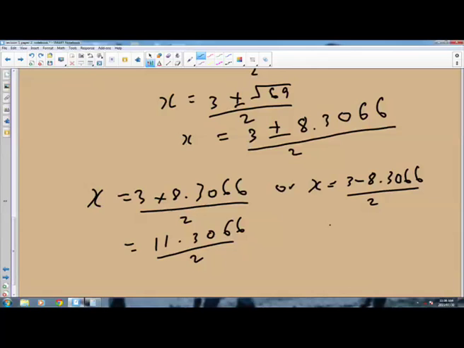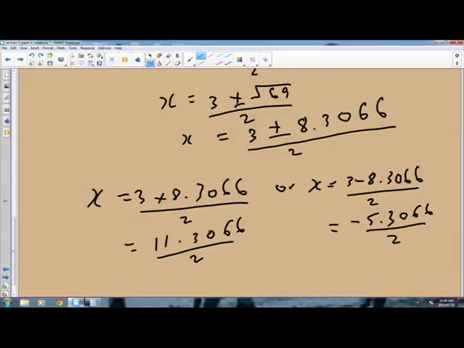And then what about 3 minus 8.3066 divided by 2? This will be negative 5.3066. Divide this by 2.